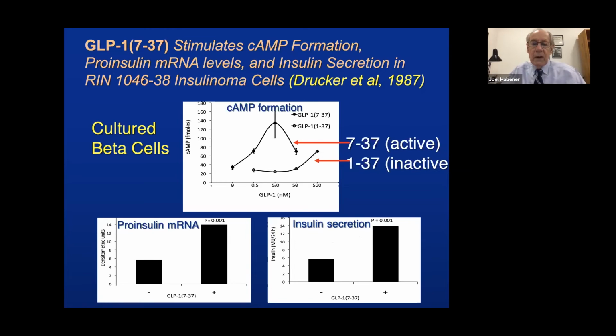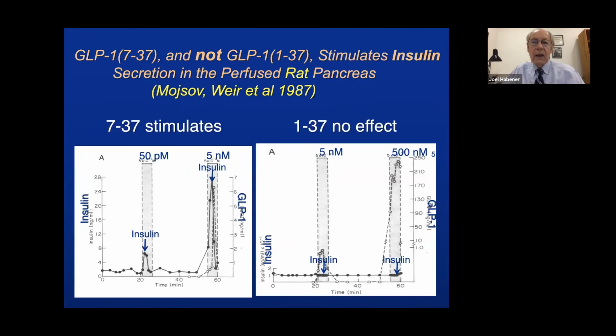Then it became important to look at another system for measuring activity of the peptides. And here we had a nice collaboration with Gordon Weir at the Joslin Diabetes Center, using the isolated rat perfused pancreas system.